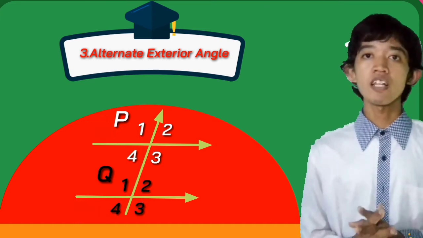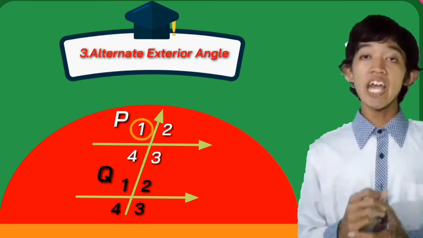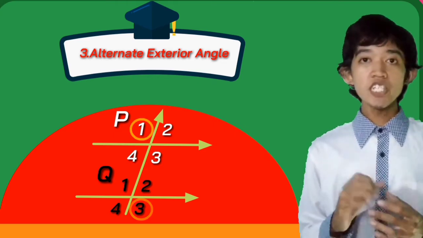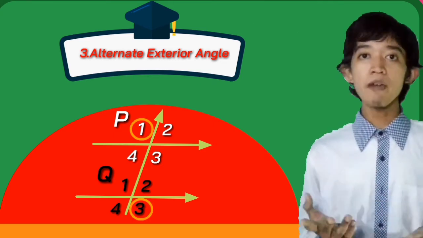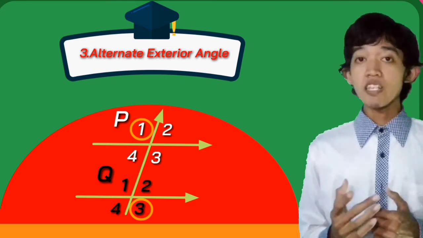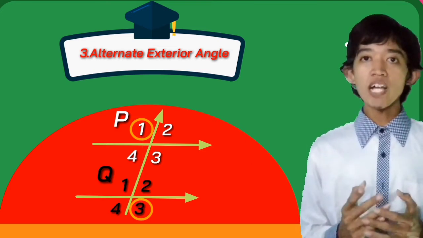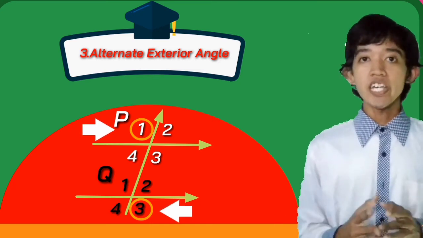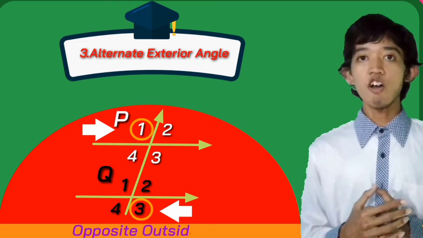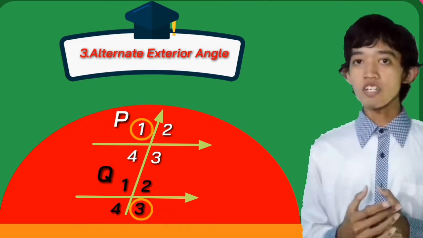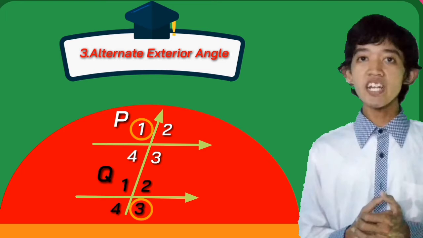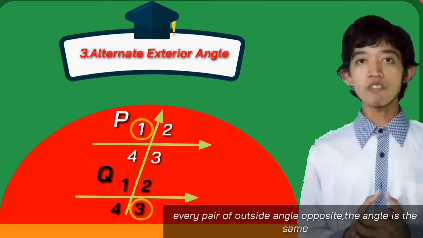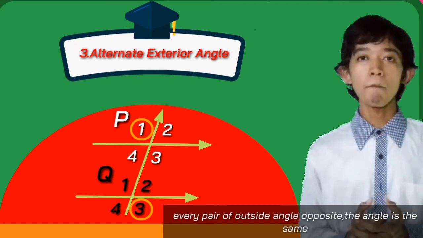For example, angles P1 and Q3, we check P1 and Q3, the positions are the same but opposite. The one to the left and the one to the right. It is called opposite outside. The keyword here is that every pair of outside opposite angles is the same.